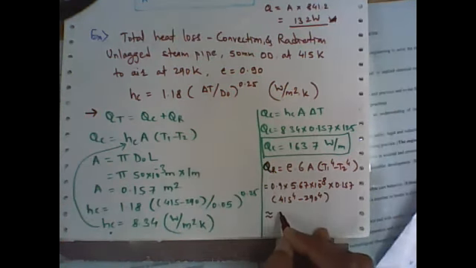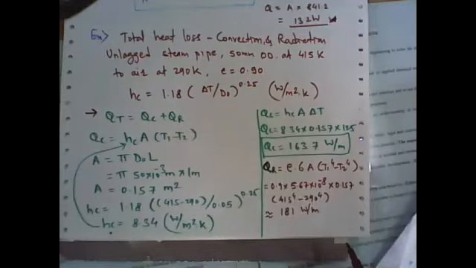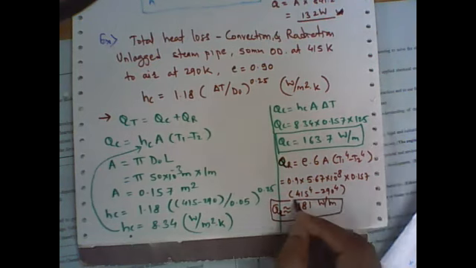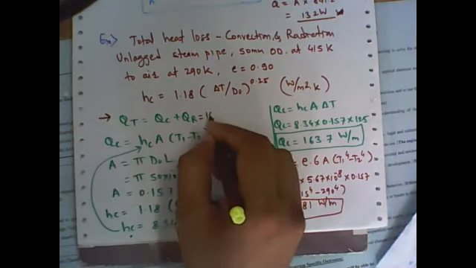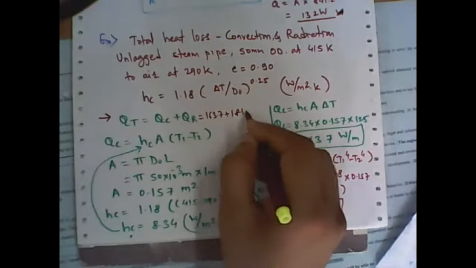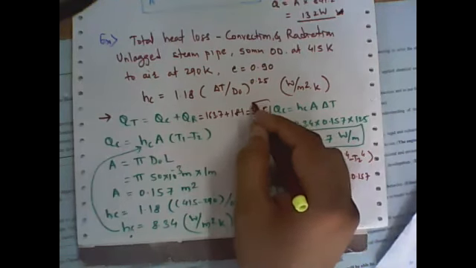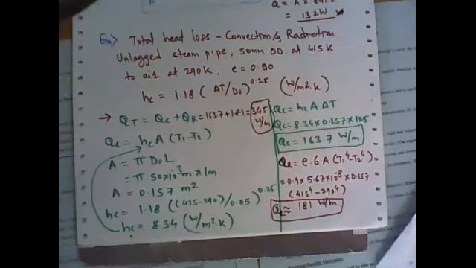This comes around 181 watt per meter. So this is QC, this is QR. We put the values: 163.7 plus 181, approximately 345 watt per meter. So this is the total heat transfer from convection as well as from radiation.